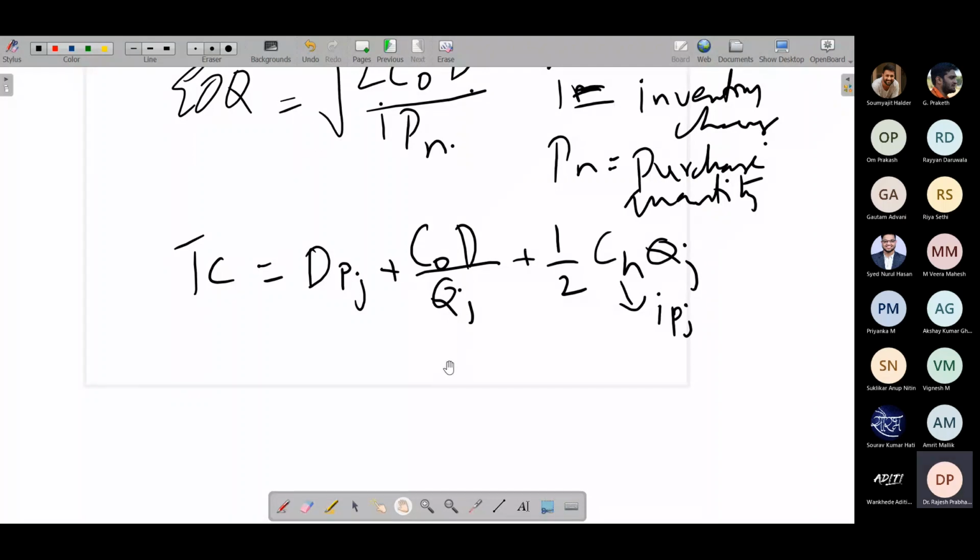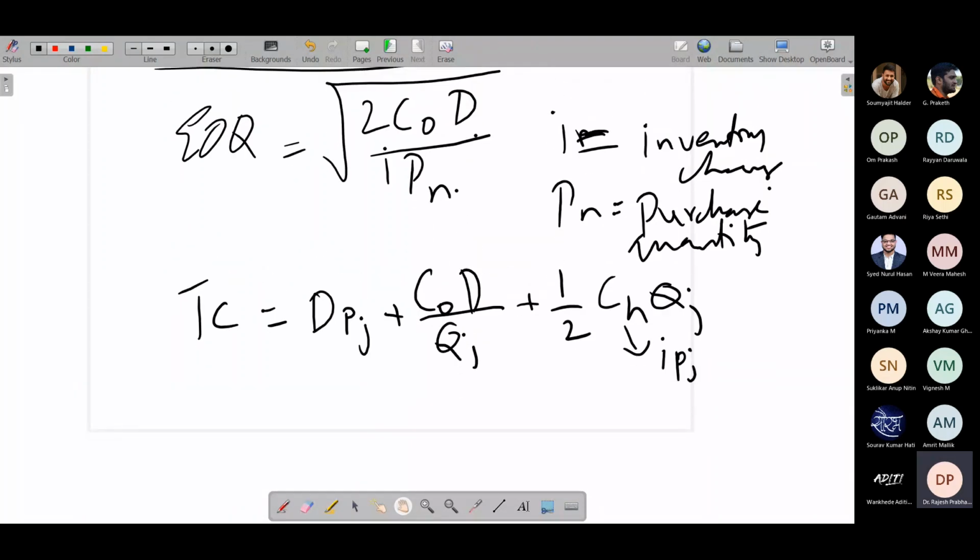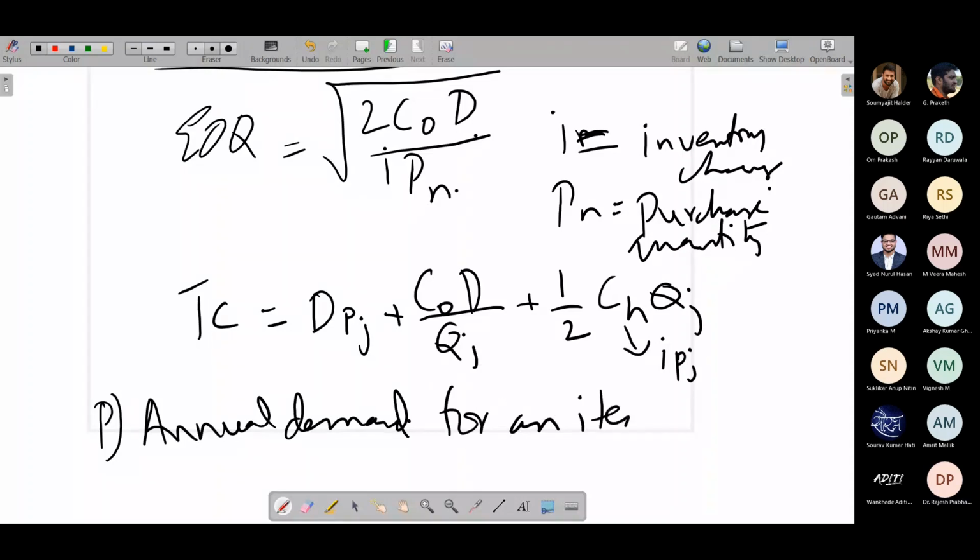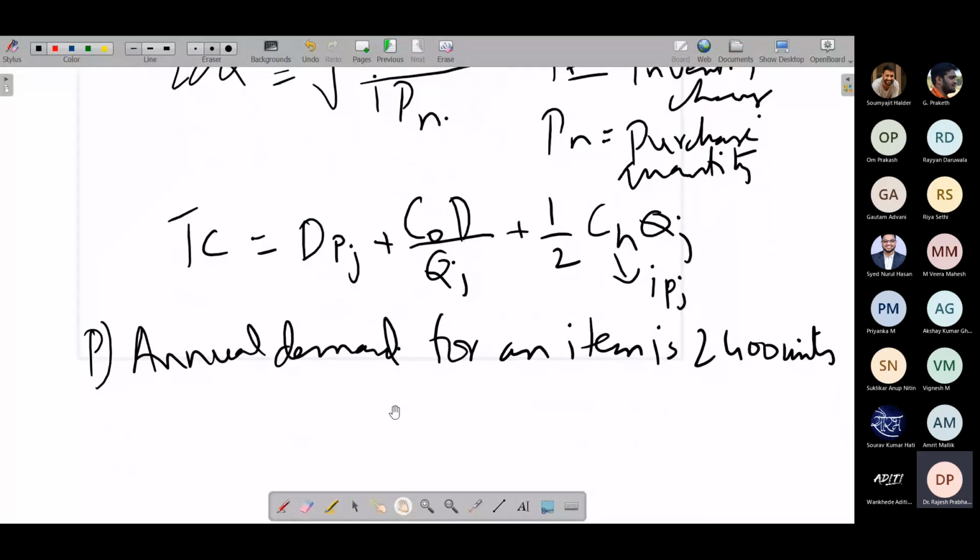So we will solve this using a problem. Annual demand for an item is 2,400 units.